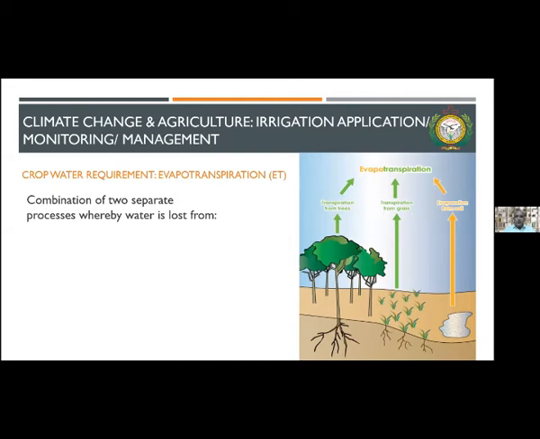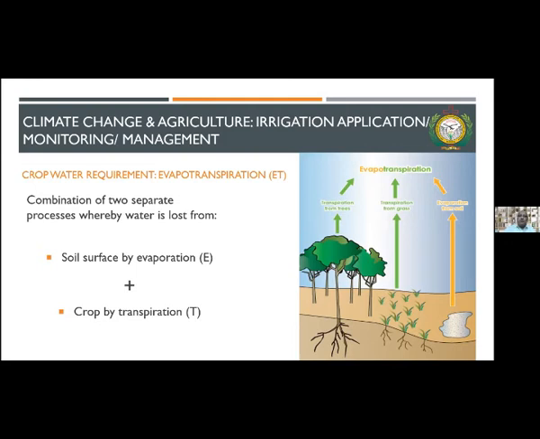So it's called evapotranspiration. But as the growing season continues, the evaporation component becomes minimum and the transpiration component becomes maximum, so the majority of water loss is through transpiration. So we need to supply that much amount of water to the crop. The E component is the soil surface evaporation plus crop transpiration, and when we combine these two, it becomes evapotranspiration.